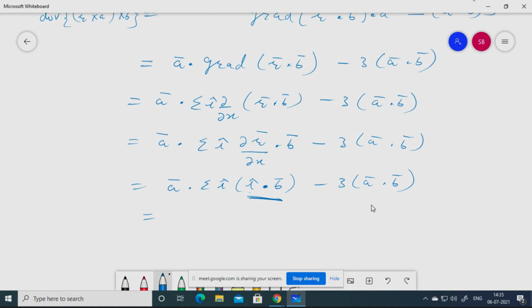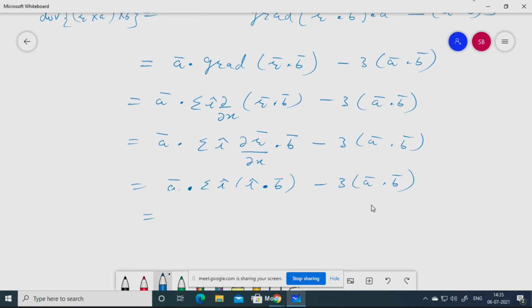Okay, so some coefficient of B bar you will get. And again a dot product you are taking with A bar, again you have an i here. So these two you will take the dot product, and again you will get some coefficient of A bar. Is it or not?